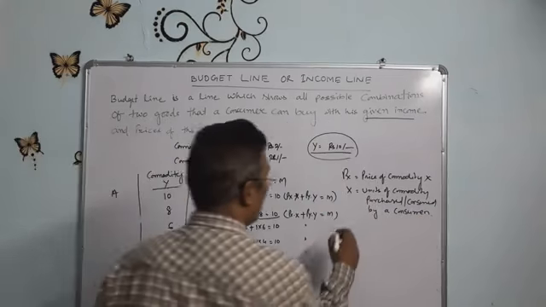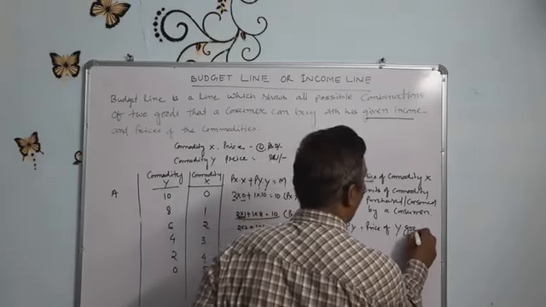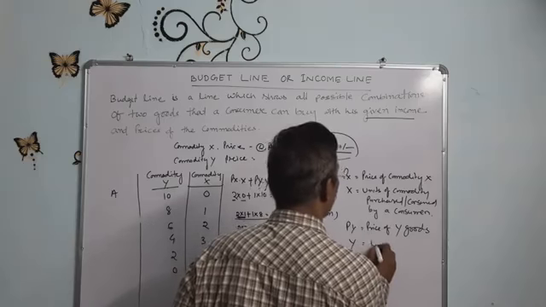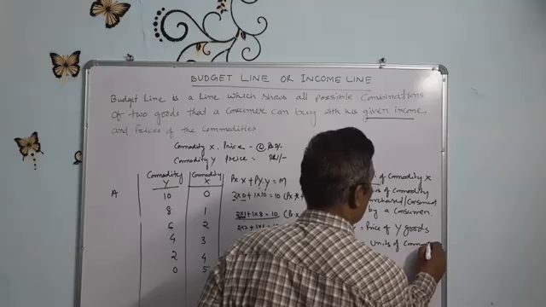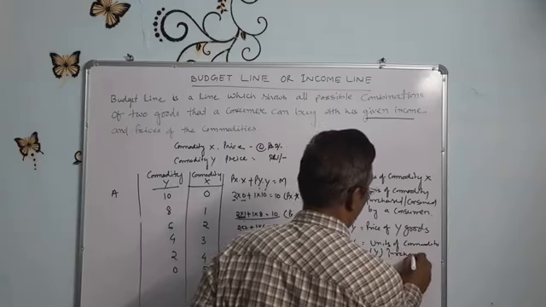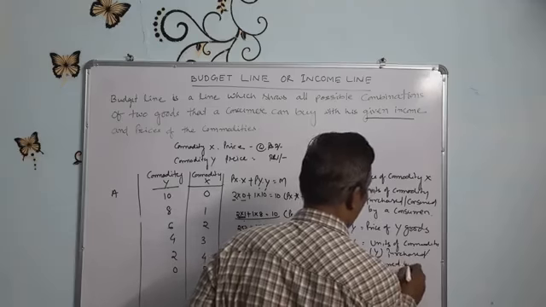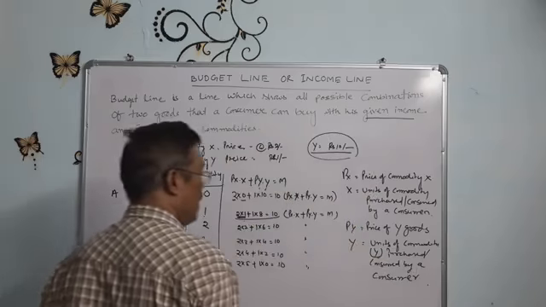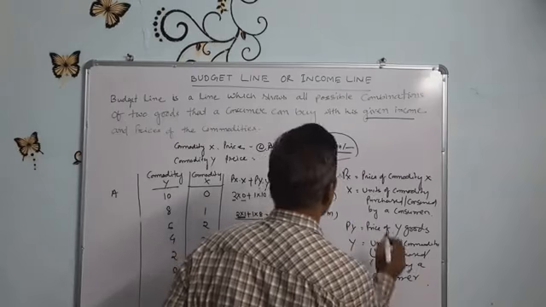Similarly, Py is the price of Y goods, and Y is the units of commodity Y purchased or consumed by a consumer. And M is the total income or money he has.